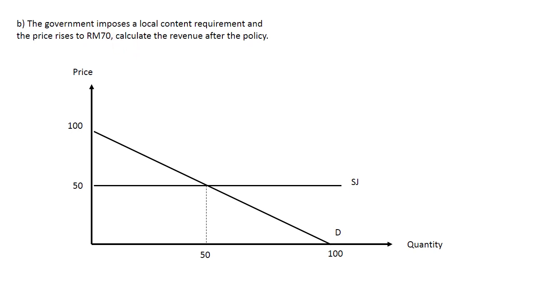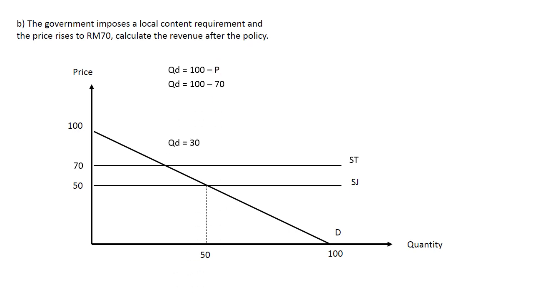So it means that the supply curve shifts from SJ to ST, where the price is equal to 70. Now you have to calculate this quantity. You go to the demand function, QD is equal to 100 minus P. You replace P with 70, and you will get 30.